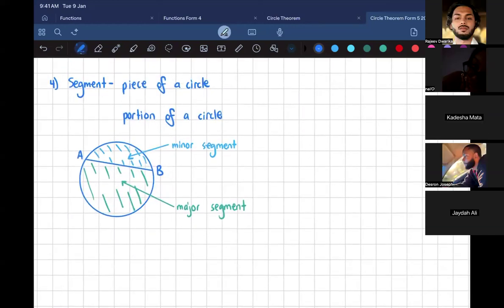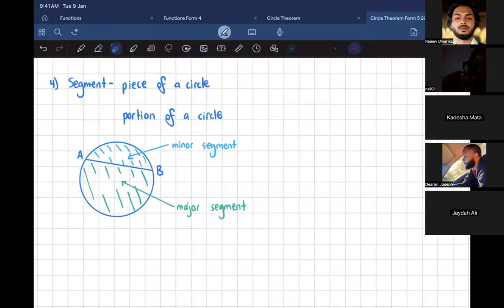So this segment, it's similar to the chord. You were asking me if this segment is similar to the chord? I wouldn't say it's similar. I would say that it depends. To get a segment, it depends on you cutting the circle into some portions.